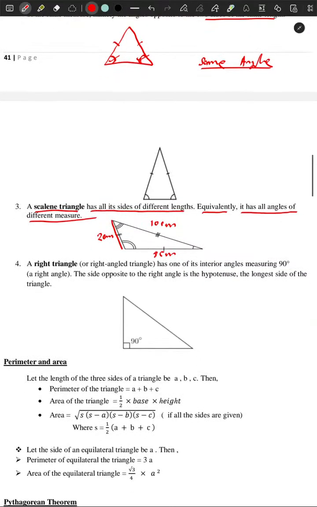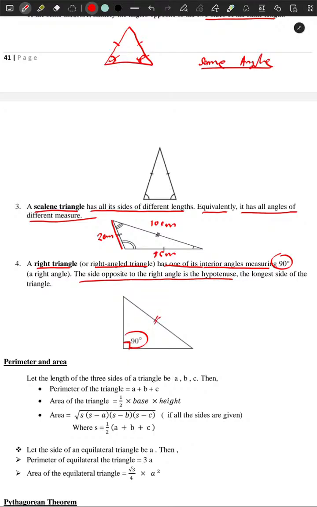A right triangle or right angled triangle has one of its interior angles measuring 90 degrees. Here we can see the angle of a right angled triangle which is 90 degrees. The side opposite to the right angle is the hypotenuse.